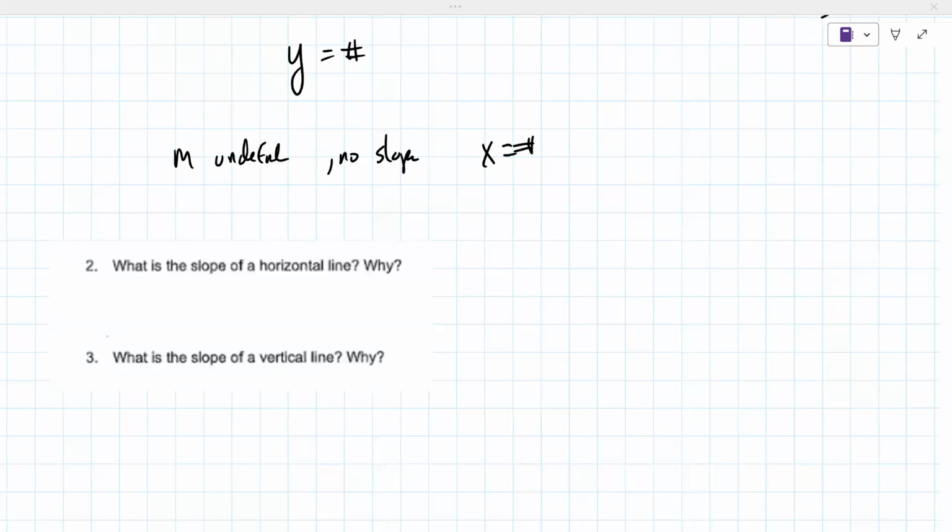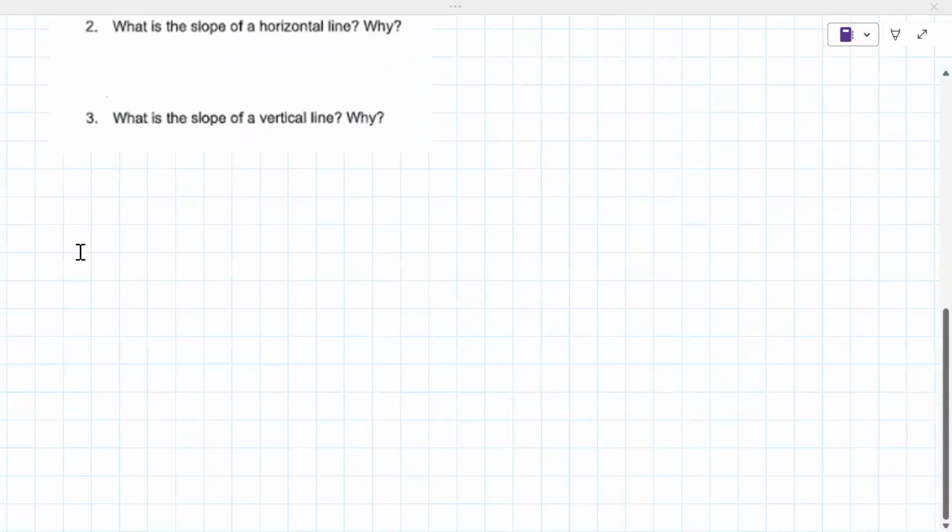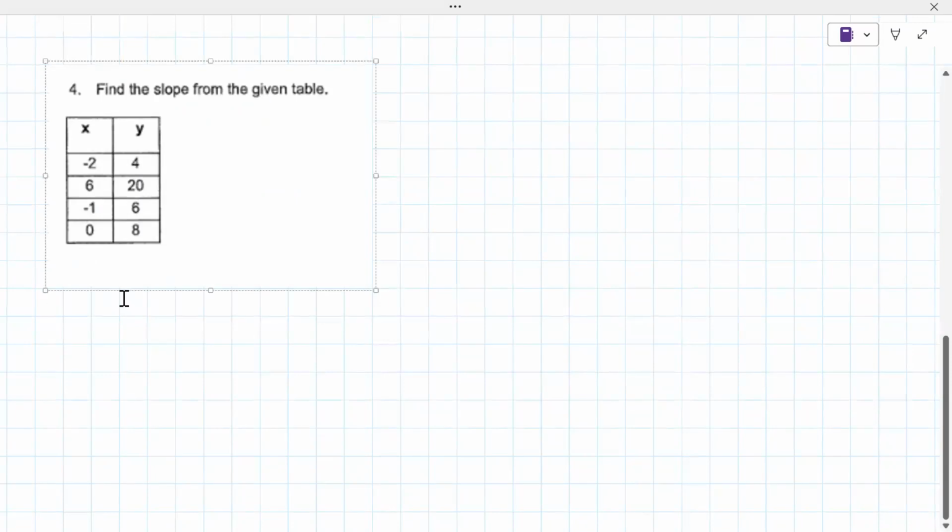All right, so 4, 5, and after, they're asking for slope here. These are pure slope formula problems. It's the change in y over the change in x, but they're not ordered, so you can't really do that unless you decide to order them.